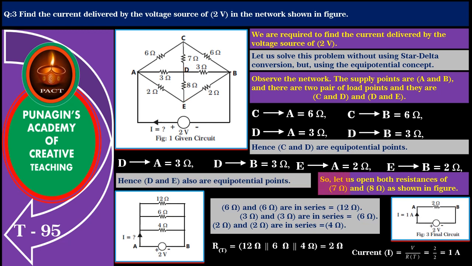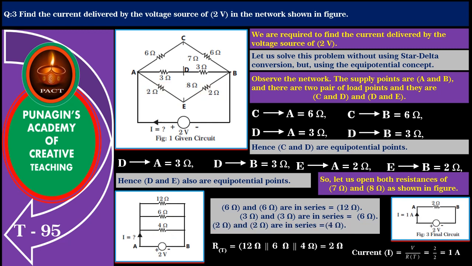Now, let us open both 7 ohm and 8 ohm resistance as shown in figure. Now, 6 ohm and 6 ohm are in series and their equivalent is 12 ohm. In other branch, 3 ohm and 3 ohm are in series and their equivalent is 6 ohm. In another branch, 2 ohm and 2 ohm are in series and their equivalent is 4 ohm.